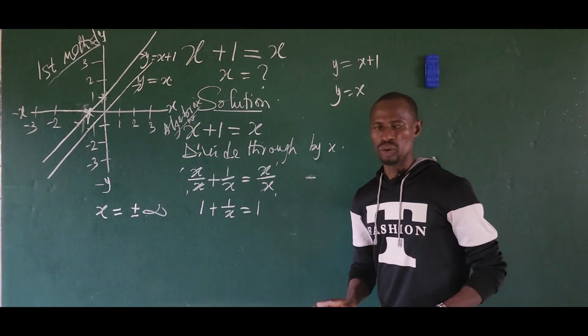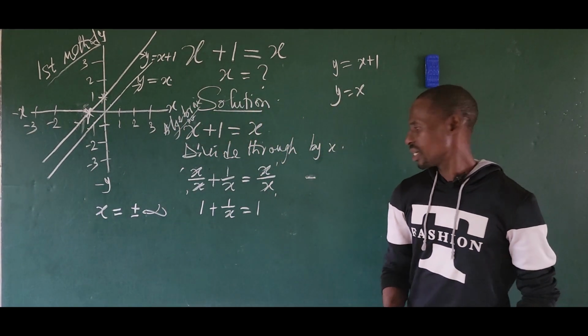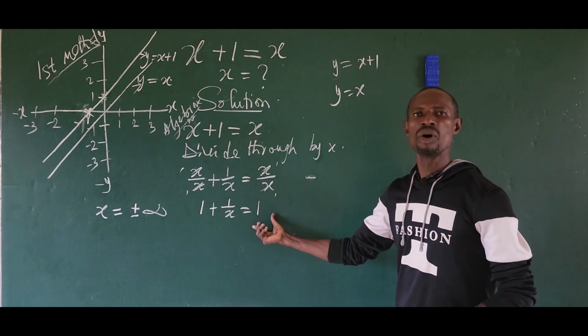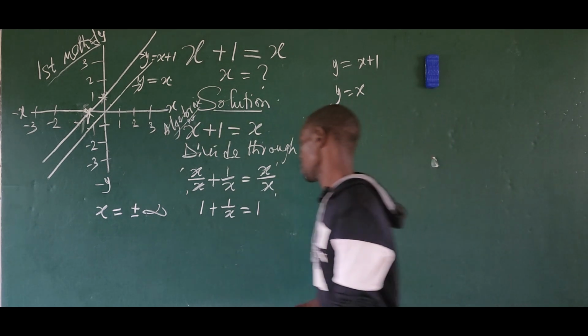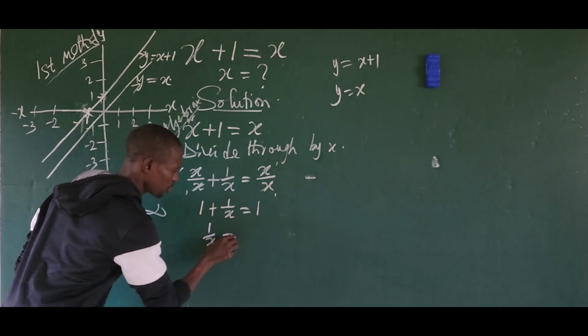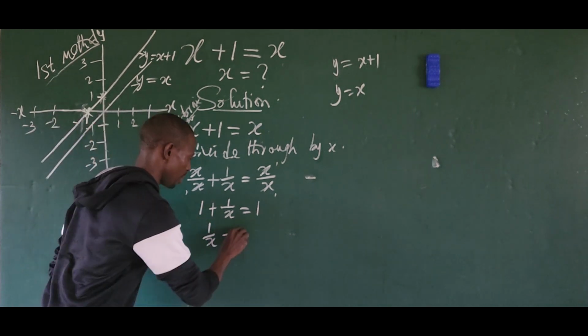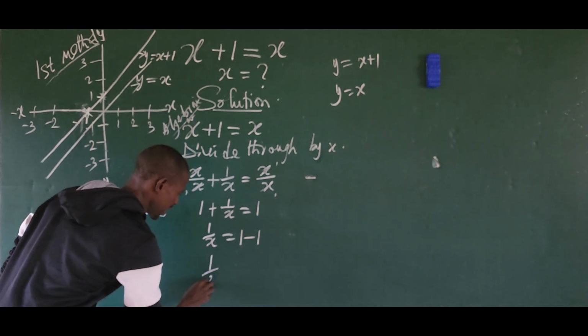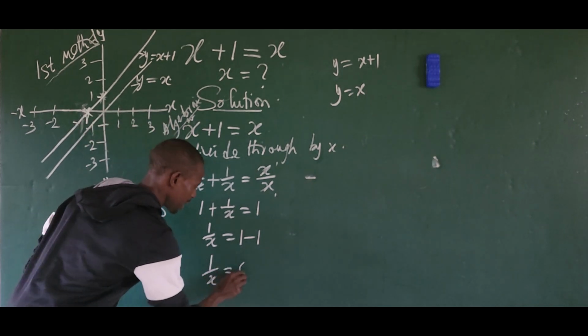Simple, right? We are looking for x, so we move this 1 to this side of the equation so that the variable stays on the left-hand side. This gives us 1 all over x equal to 1 minus 1, so 1 all over x is equal to 0.